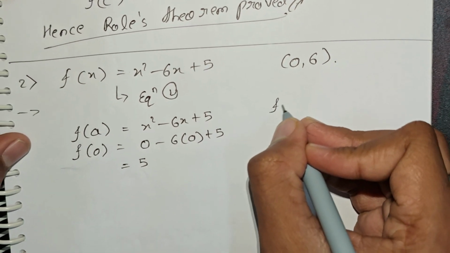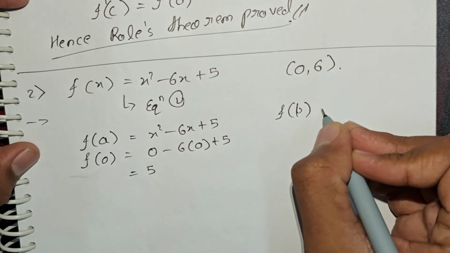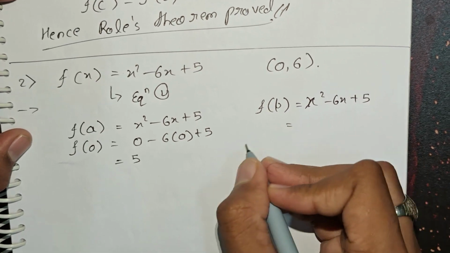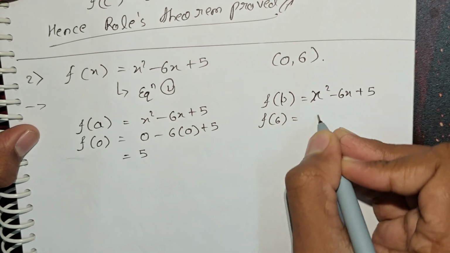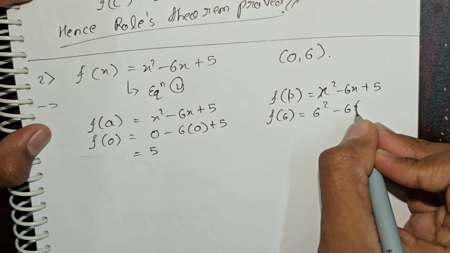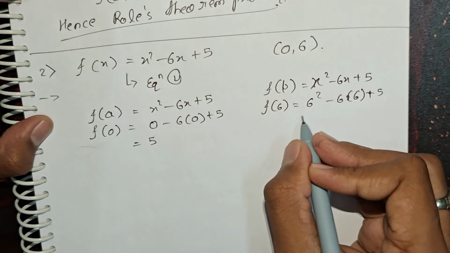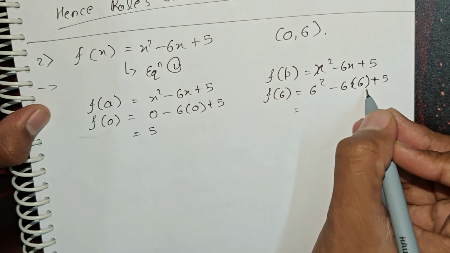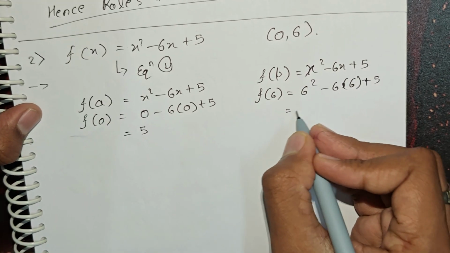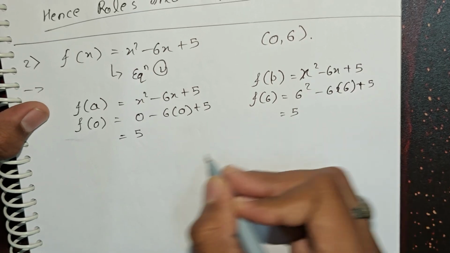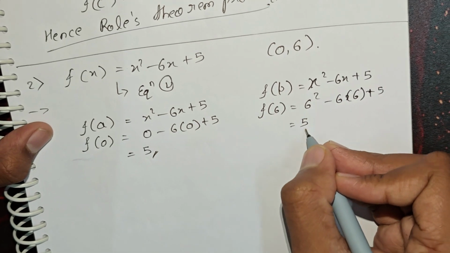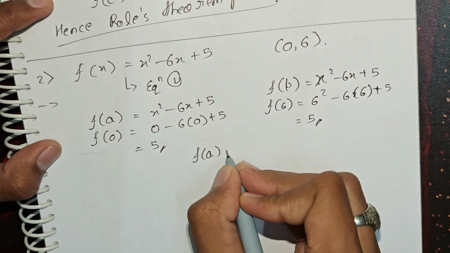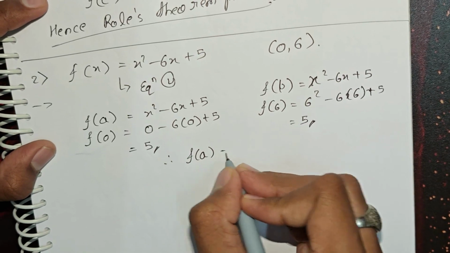Now we have to find f of b, x square minus 6x plus 5, and the value of b is 6. 6 square minus 6 into 6 plus 5. 6 square is 36, 6 into 6 is 36, 36 minus 36 is 0, plus 5. The answer is 5. So f of a is 5 and f of b is 5. Hence f of a is equal to f of b.